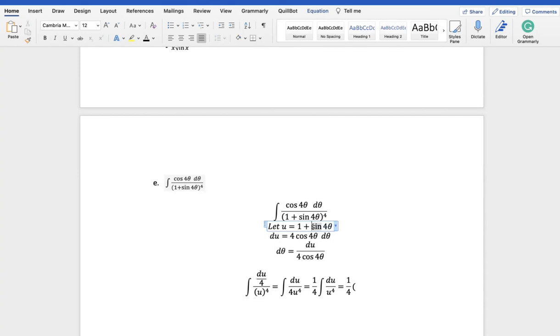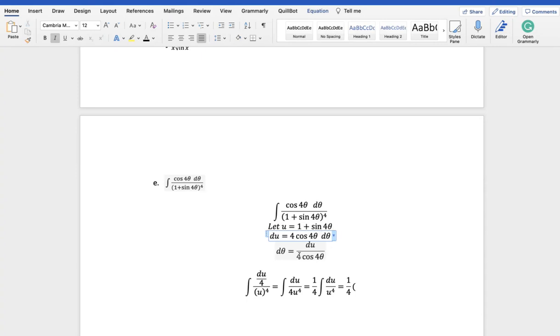So the derivative of the outside function, which is sine, is just cos 4 theta, multiplied by the derivative of 4 theta in terms of theta, which is just 4, right? And then multiplied by d theta. Don't be alarmed by the theta. It could just be x as well. So that should not scare you.